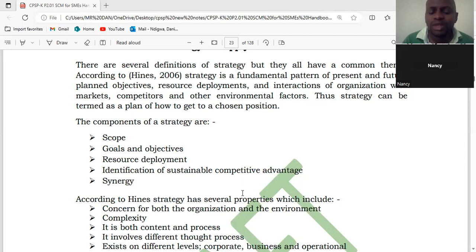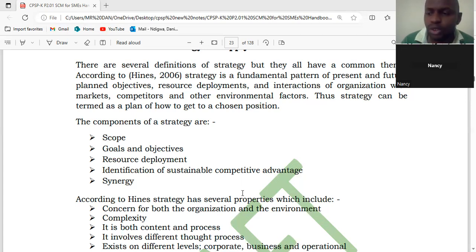Then the other important component is resource deployment. For strategy to succeed, you need to have some resources. And resources can be looked at in 3 ways. We have the financial resource, which is the money that is needed to implement some of these strategies.